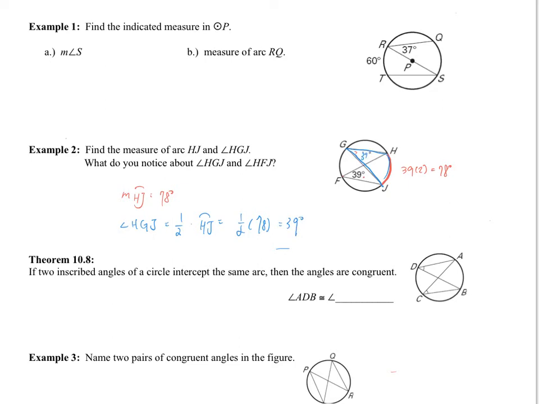So what do you notice about angle HGJ and angle HFJ? They're equal to each other. So I'm going to put the M in the front. Or you can say angle HGJ is congruent to angle HFJ.